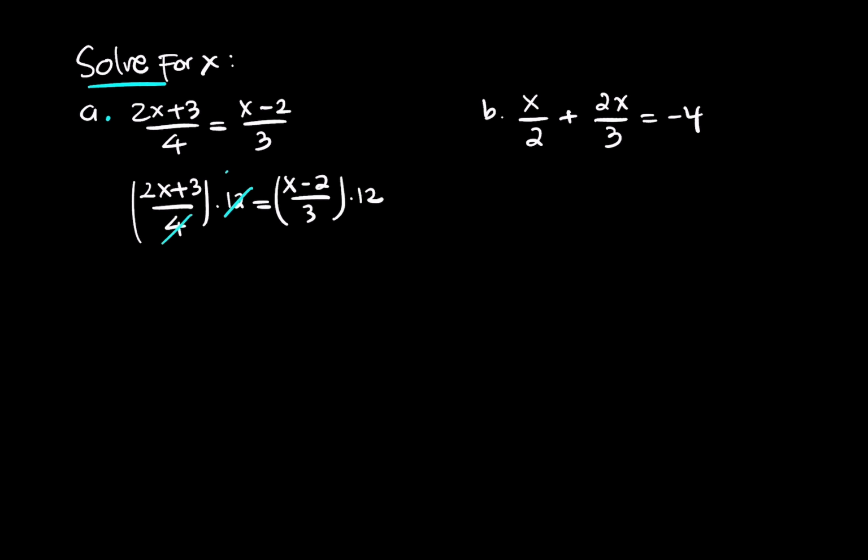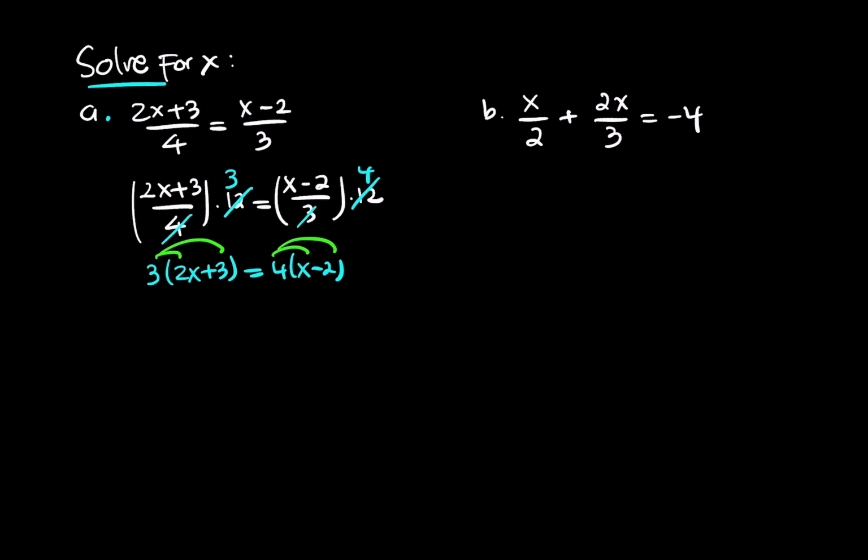This is 3, that is 4. So 3(2x + 3) = 4(x - 2). Now you expand. You times each of them.